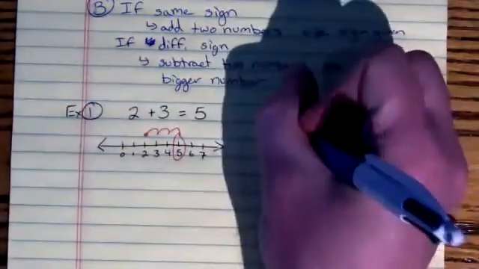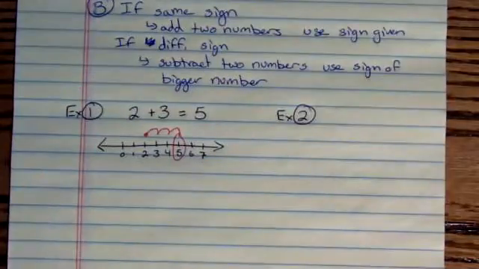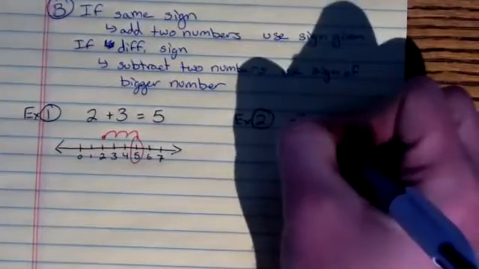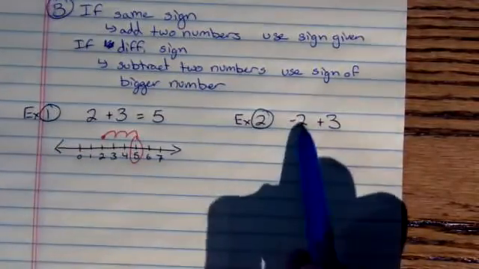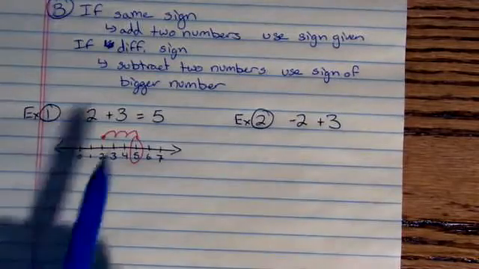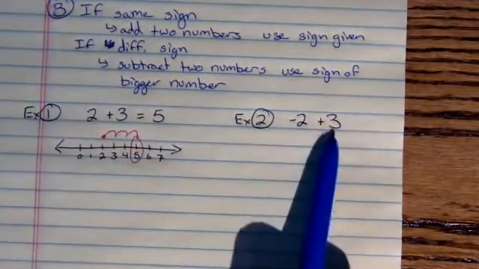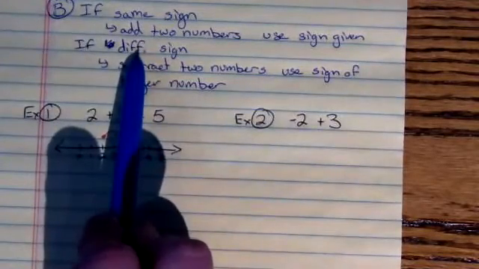Let's look at example 2. We have -2 plus 3. If we look at our rules, same sign or different sign? Well, one's negative, one's positive. So we know we're using different signs.